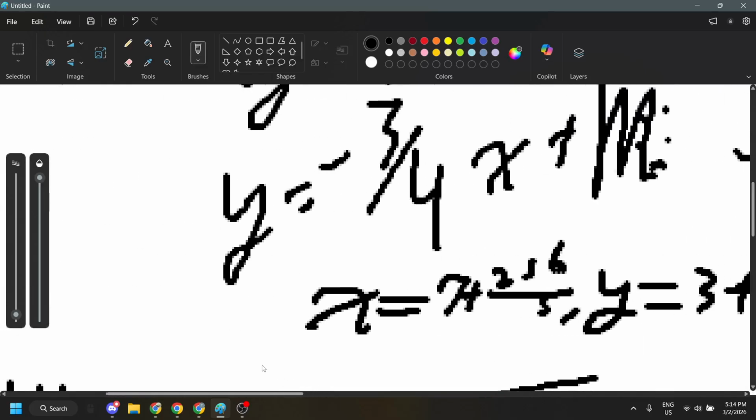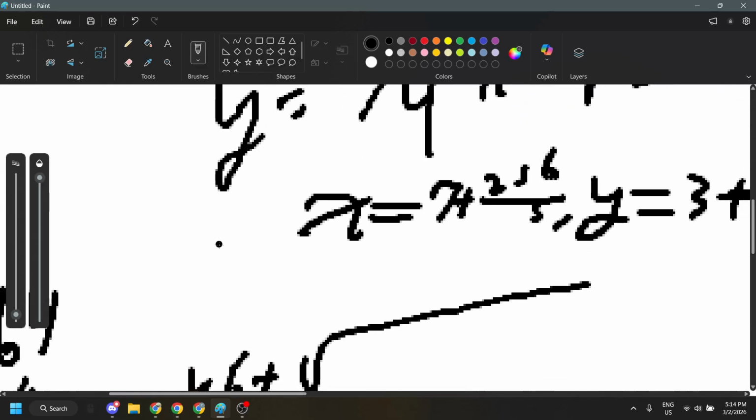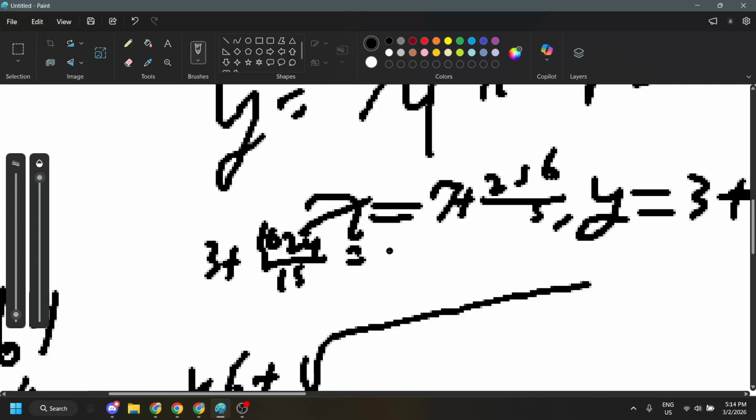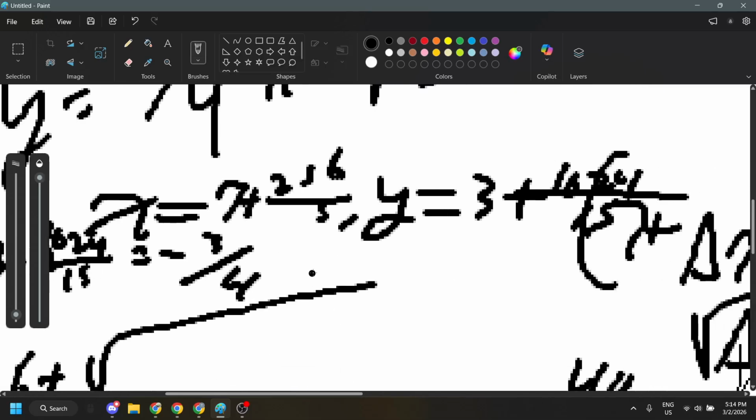I have a really bad feeling about this one. So we have 3 plus 124 15ths is equal to negative 3/4 times 7 plus 256 over 5 plus m.